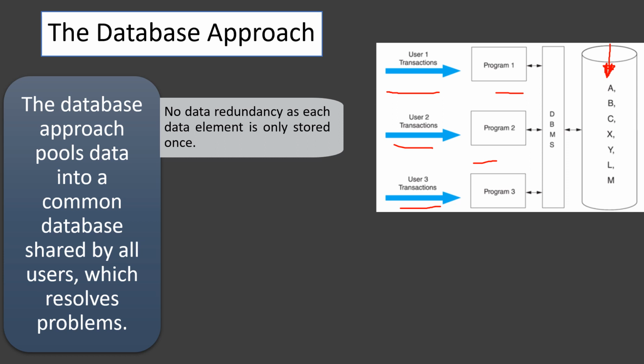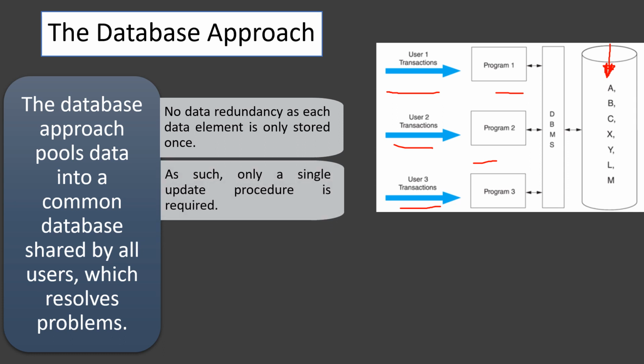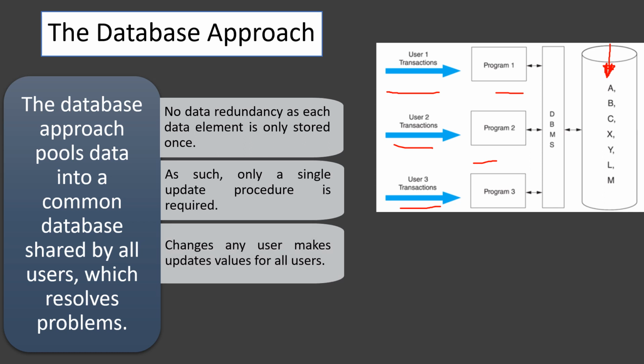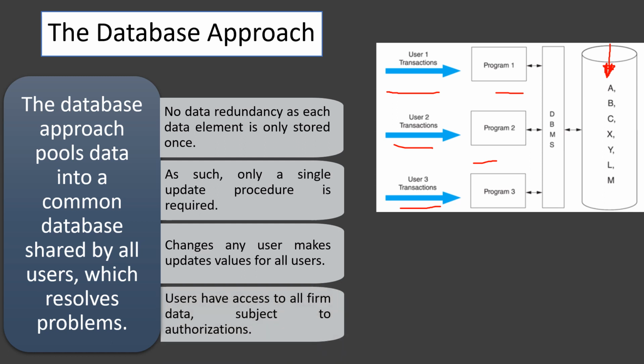There is no data redundancy, as each data element is only stored once. As such, only a single update procedure is required. When one user makes changes, it updates the values for all users. Users have access to all of the firm's data, subject to authorization procedures.